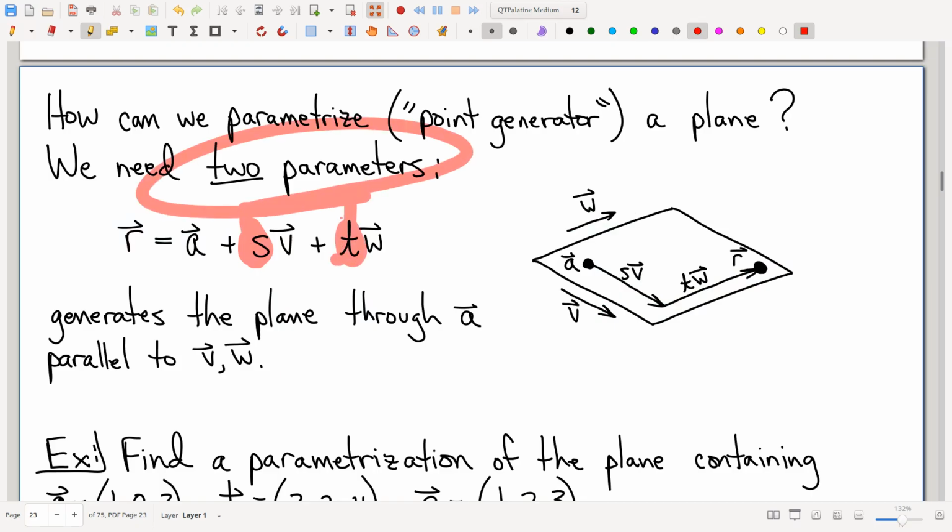S and T both can be whatever, right? Any values at all. You give me any S and any T, plug into that expression, and it will generate a point on the plane every time. All right. So a lot like a parametric curve, except two parameters instead of one parameter. Everybody happy?